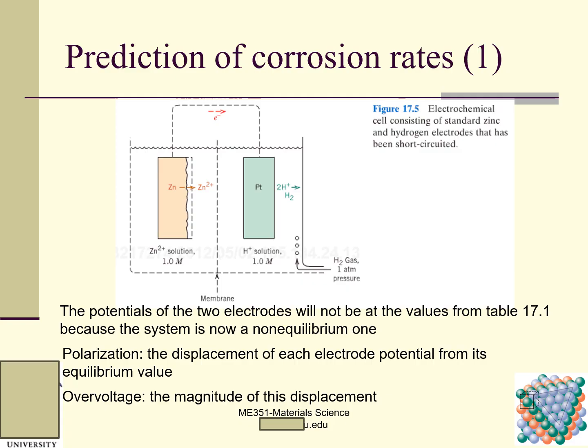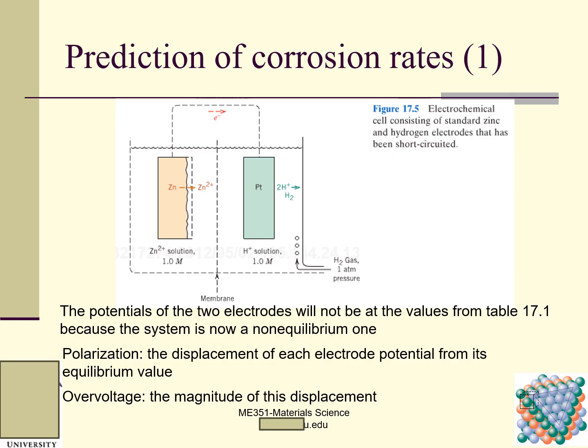Here we have corrosion. The potential of the two electrodes will not be at the value from table 17.1 because the system is now a non-equilibrium one, because you connect them.